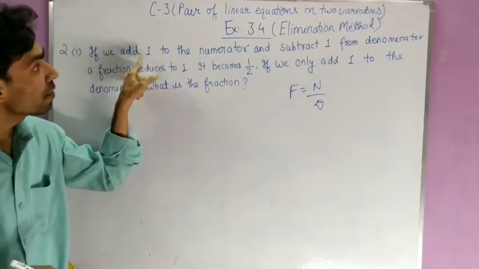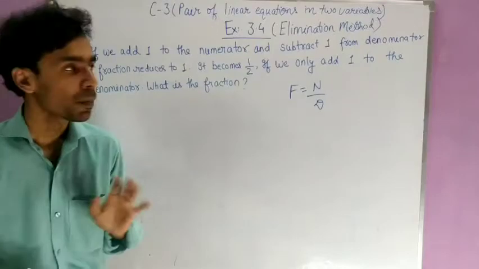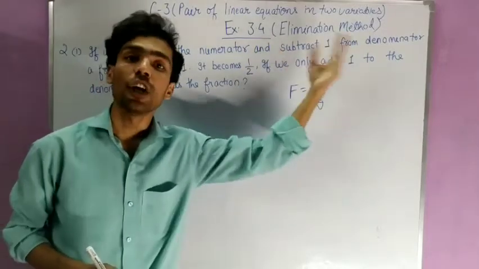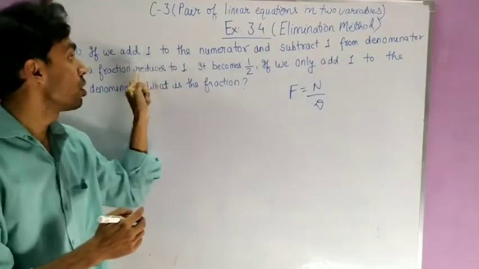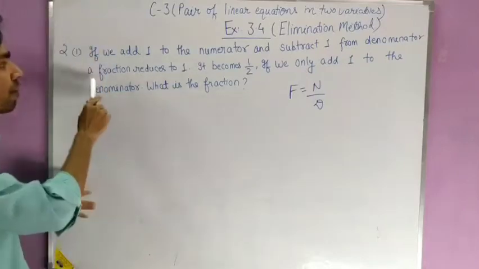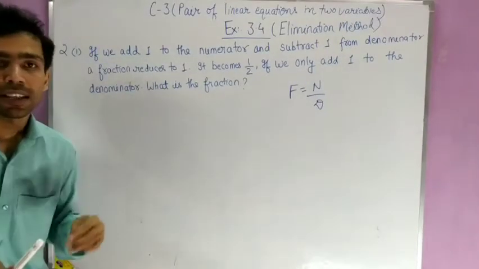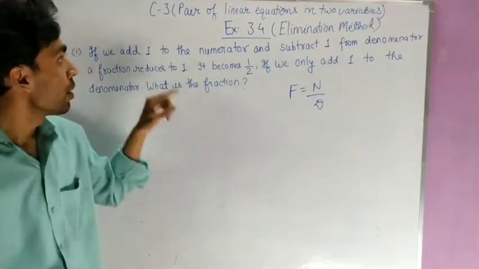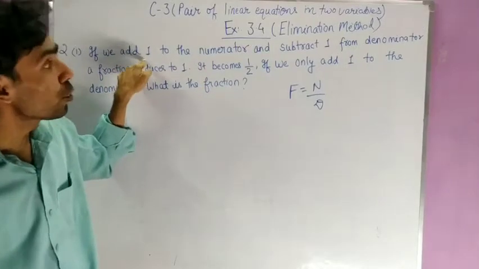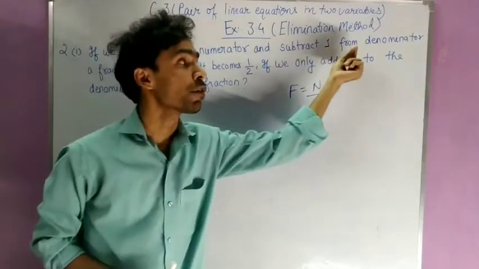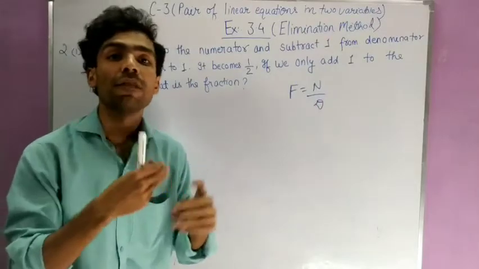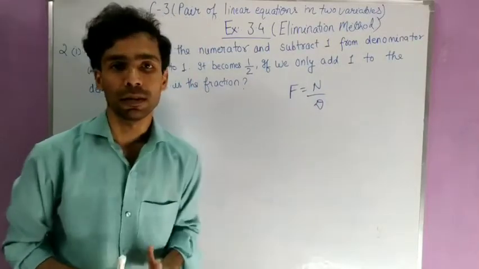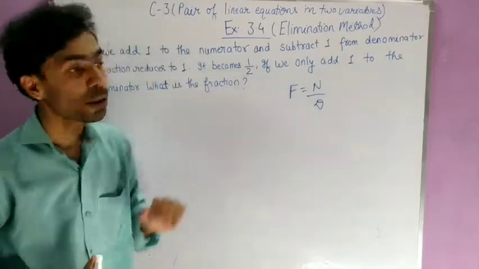If we add 1 to the numerator and subtract 1 from the denominator, a fraction reduces to 1. What is the meaning of a fraction reducing to 1? It means that whenever we add 1 to the numerator and subtract 1 from the denominator, the value of the fraction becomes 1. So this is the first statement.